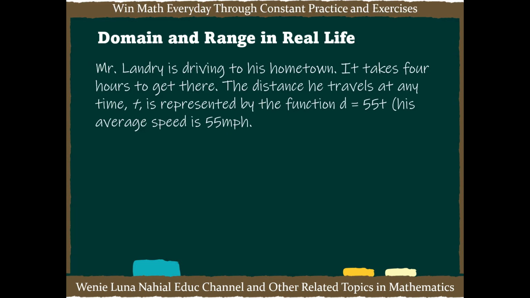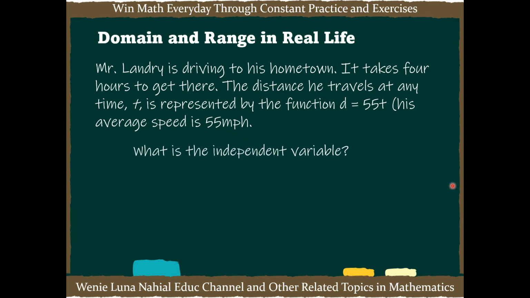Okay, we have another real-life illustration. Mr. Landry is driving to his hometown. It takes 4 hours to get there. The distance he travels at any time t is represented by the function d = 55t. That is the average speed of Mr. Landry.